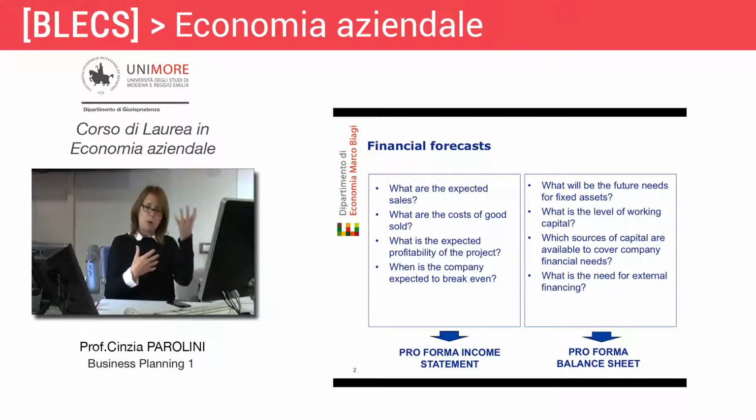On one side we have the uses of funds. On the other side of our pro forma balance sheet, we have sources of funds. Where do we get the money from? Those sources can be represented again by items of the working capital. For example, accounts payable.